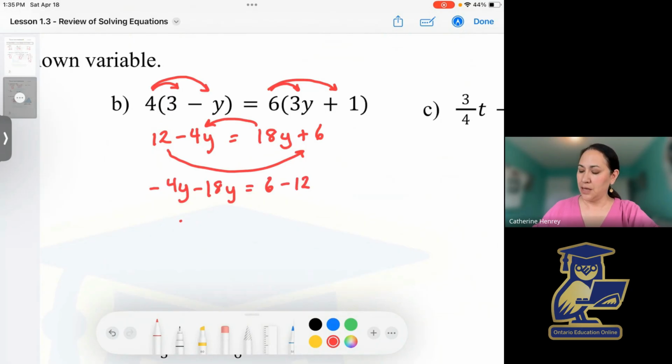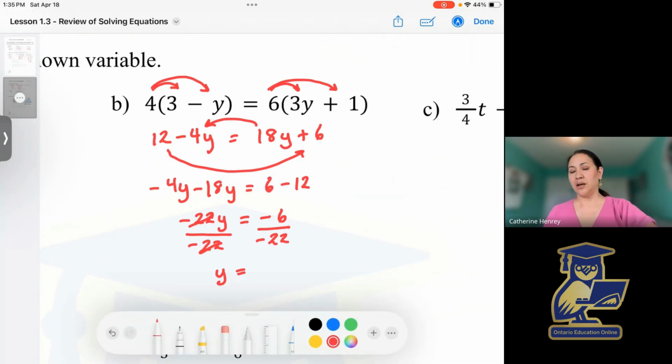And I'll have negative 22y is equal to negative 6. Divide by negative 22. They cancel. Y is equal to a positive. They're both even numbers, so I can go ahead and divide both of them by 2. So I'm going to have 3 over 11.